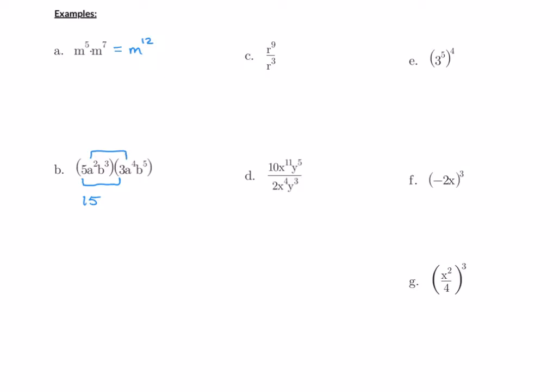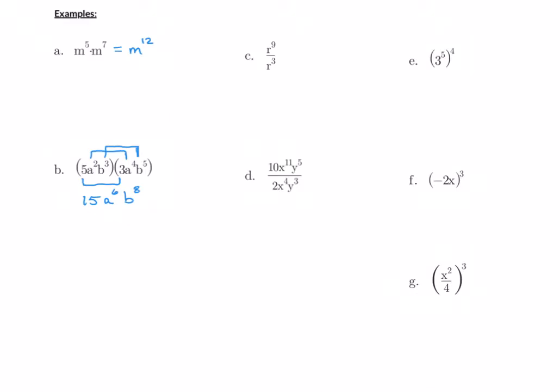They have the same base. If we combine them, we add the exponents. We get a to the 6th. And similarly for our b's, we have the same base, so we can add our exponents and we get b to the 8th. Okay, so that's playing around with our product rule a little.